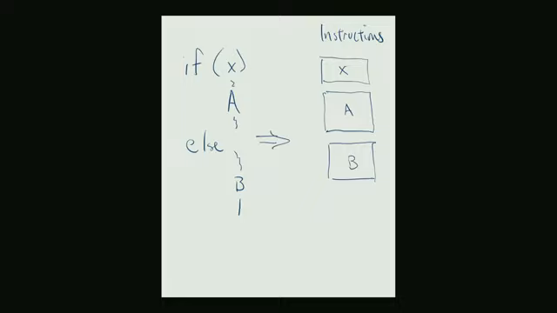Well, conceptually think about it this way. If X is true, only then will we store the results of A into the registers, or memory, or whatever, or we'll store the results of B. This concept is called predicated execution.